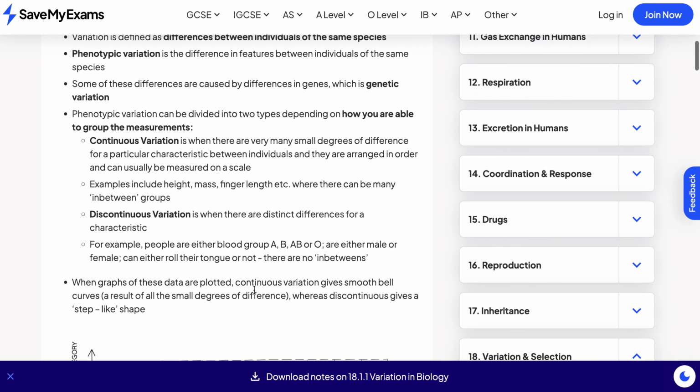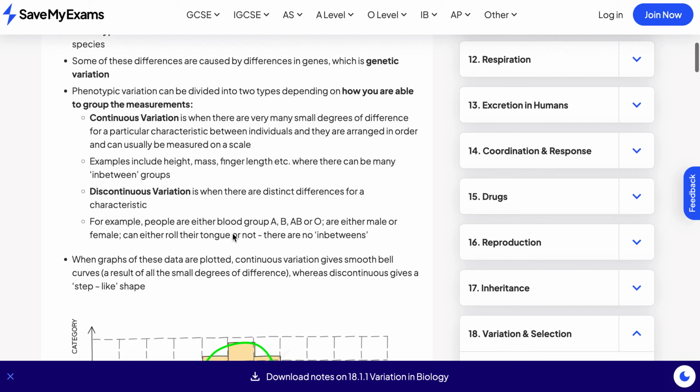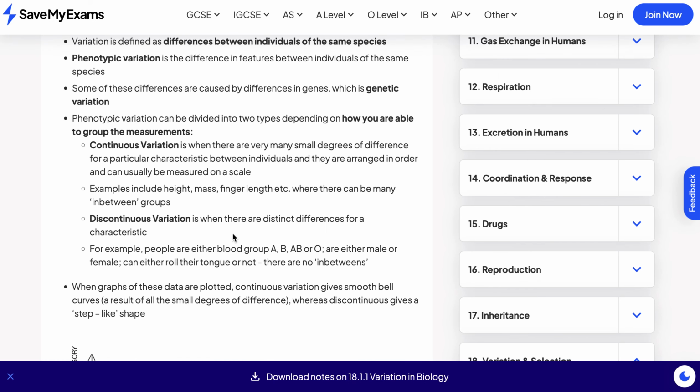Now, the phenotypic variation can be divided into two types. One is continuous variation and the other is discontinuous variation. Continuous variations are those differences in characteristics that are quantifiable, that are measurable, that can be seen on a continuous difference basis.